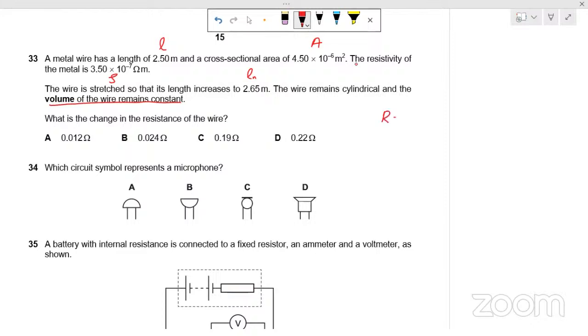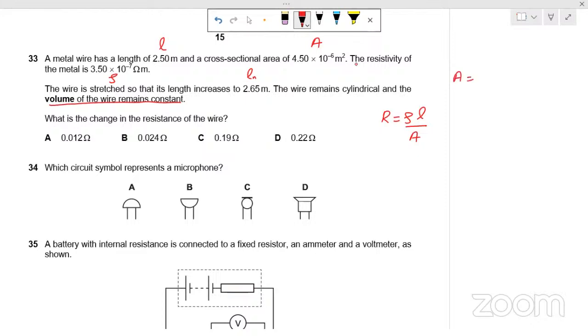You know, resistance is rho L divided by A. So the volume of the wire is constant. We have to convert this expression in terms of volume. The length of the wire is changed and the volume of the wire is kept constant.